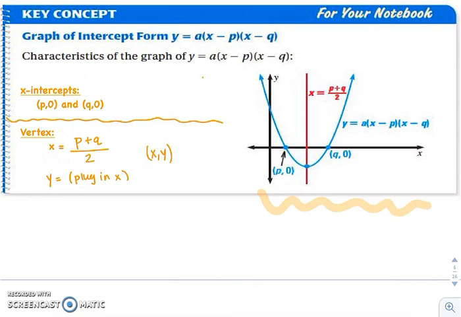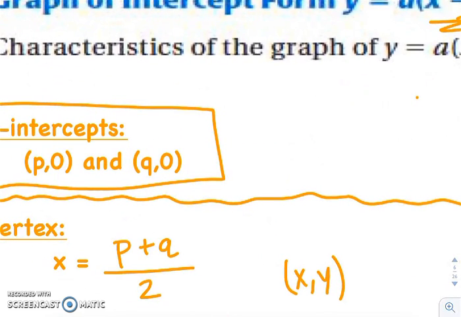So if you're looking at the equation and looking at the parabola, your x-intercepts are p and q in your equation. If you take notice, it's x minus p and x minus q, but when you actually plot your x-intercepts on the graph, they're positive. That's because whatever number value is inside those parentheses, you would really have to solve for.